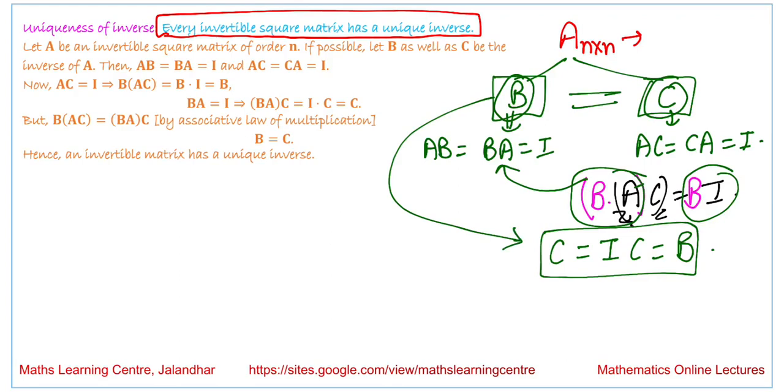So we obtain that an invertible matrix has a unique inverse.